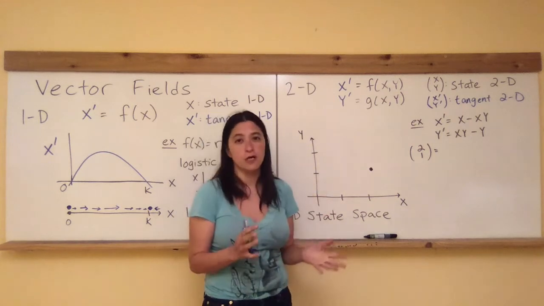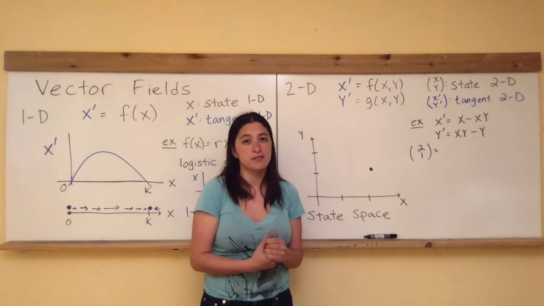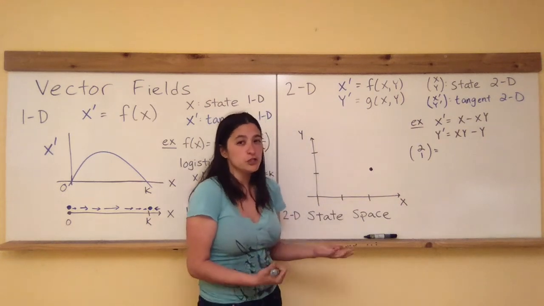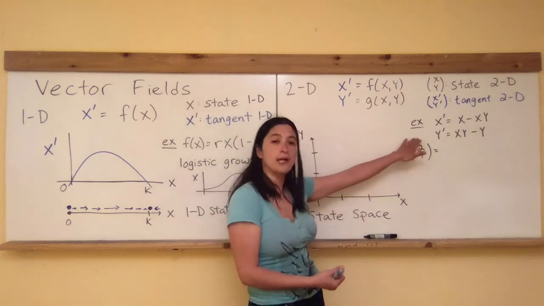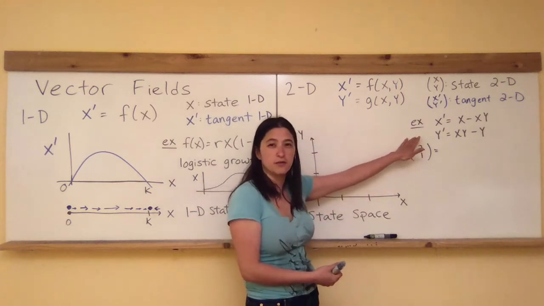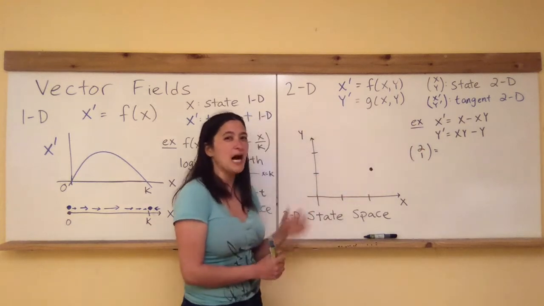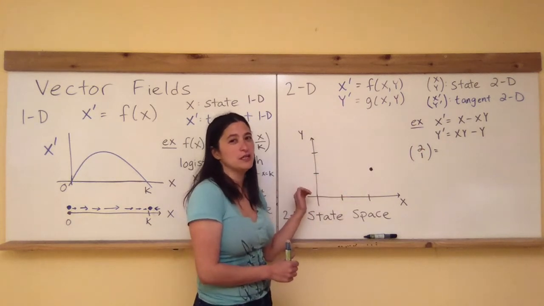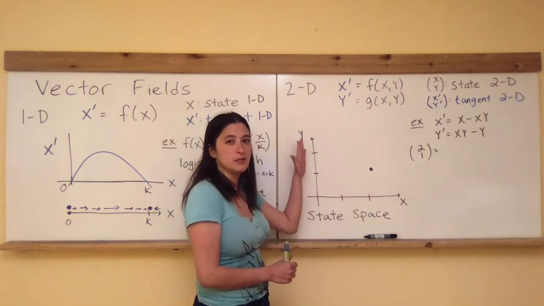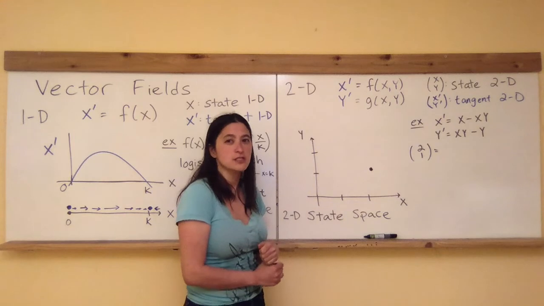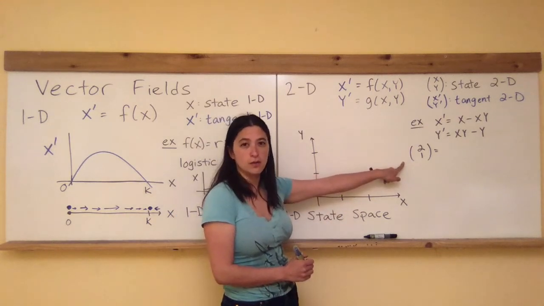You can just as well do this in all 4 quadrants if your states have a domain that's positive and negative. But if I assume that maybe I'm trying to use an ecological example, some sort of predator-prey system where I've set all the parameters to 1, just to make it easy to compute, I would focus on the first quadrant here because my domain for x is just R plus, and my domain for y is also just R plus. Okay? X is equal to 2, y is equal to 1.